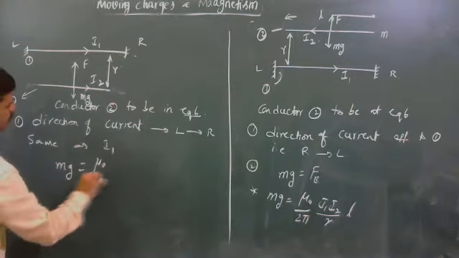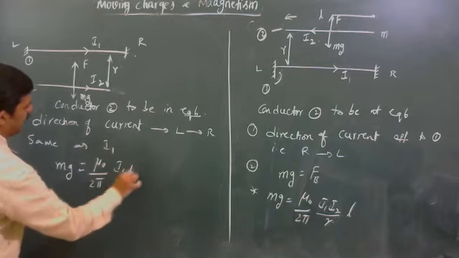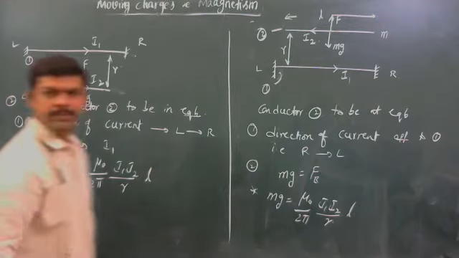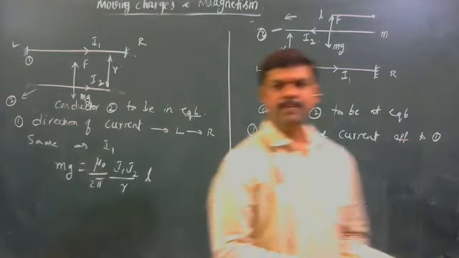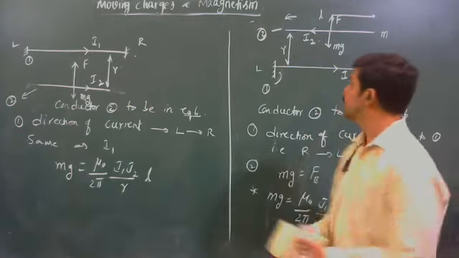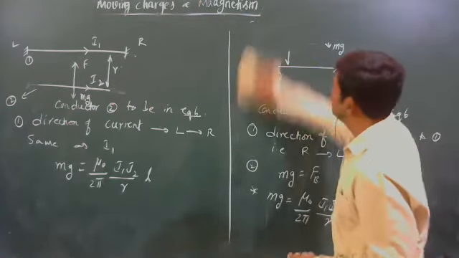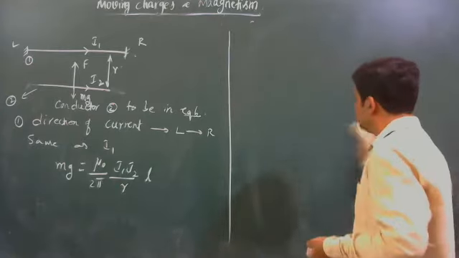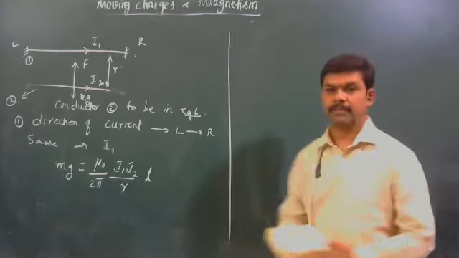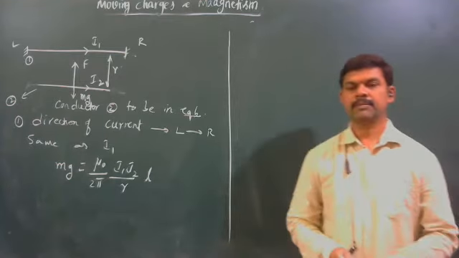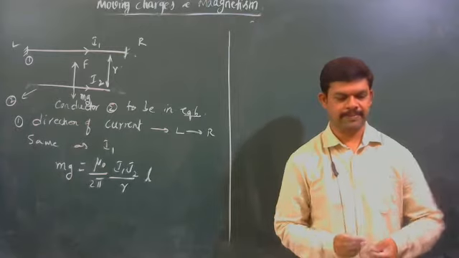Mg is equal to mu naught by 2 pi, I1 I2 by r, into L. Same. Next.